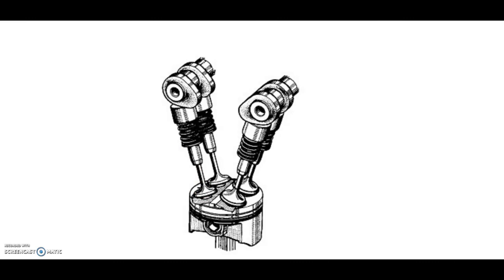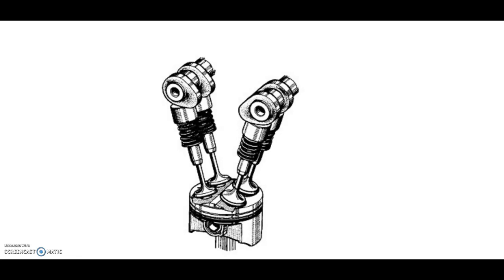Another advantage is if we were to have one big inlet valve, which would allow a decent amount of fuel and air in, the problem would be that the single valve would actually be much heavier. And we've talked about inertia forces in previous lessons. And if you remember, inertia force is the result of mass times acceleration.